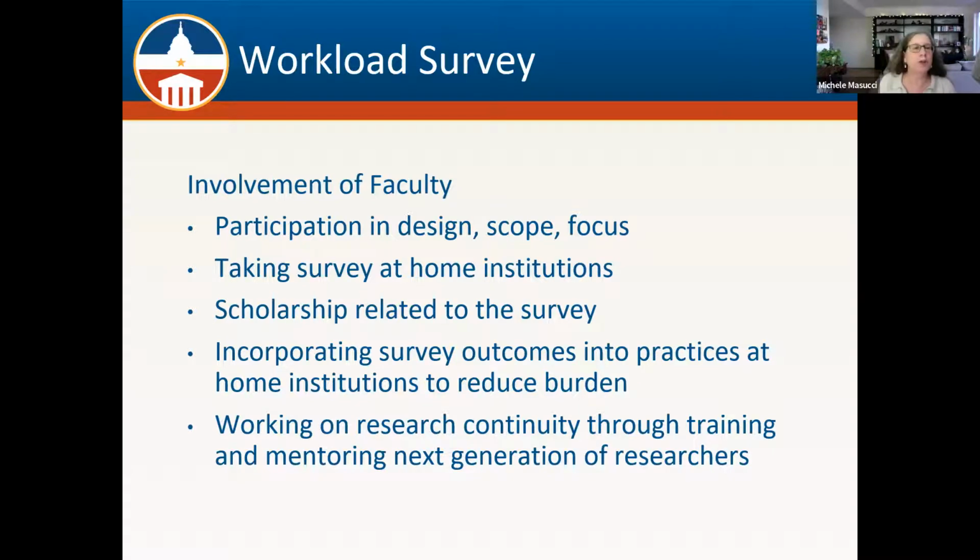So that's a second way in which faculty are involved. And for faculty reps, I think it's really important to be aware of that step, because there's a role that you can play in making sure: did your administrative rep get the information about the survey, and is the survey in fact being disseminated to the faculty on your campus? I think all the faculty reps can play a role in helping us to ensure that that happens.